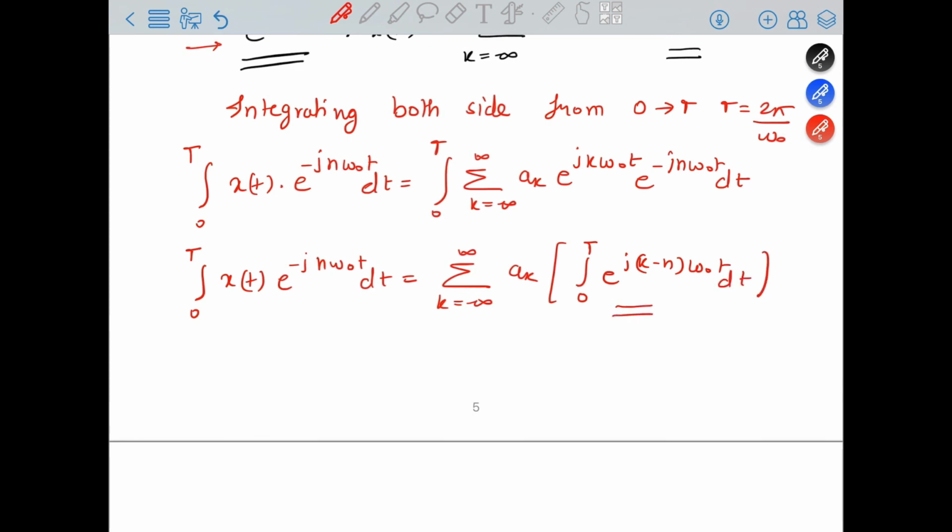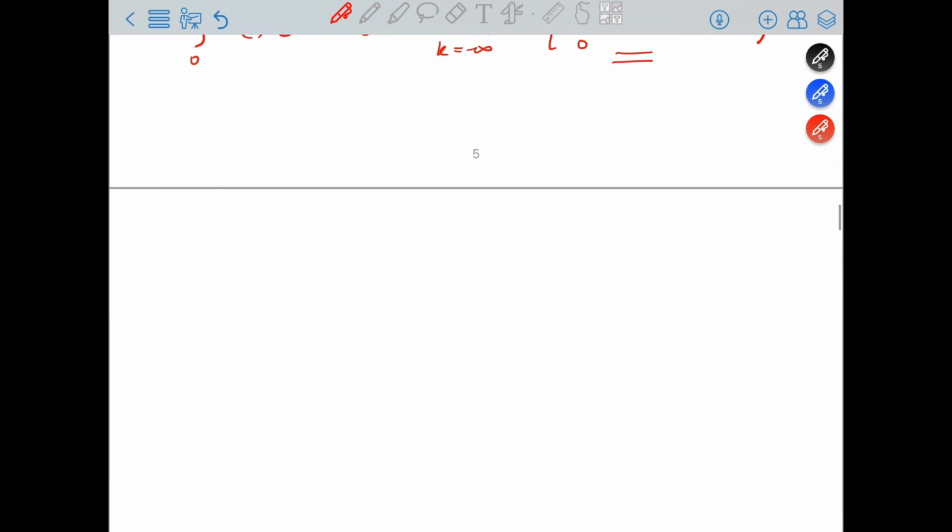Now this function has special values, so this integral can be represented as the integral from 0 to T of e^(j(k-n)ω₀t) dt.